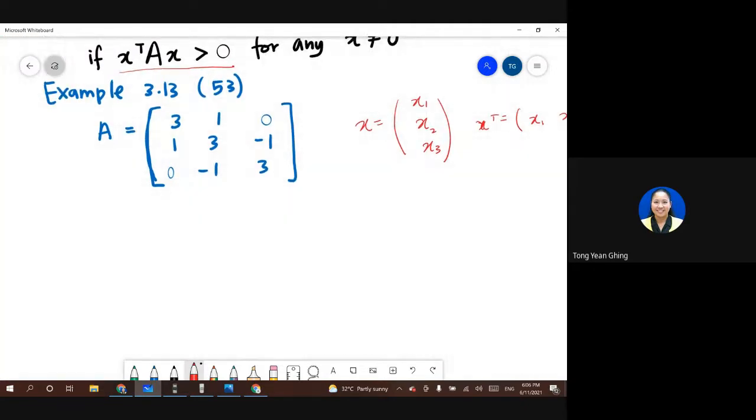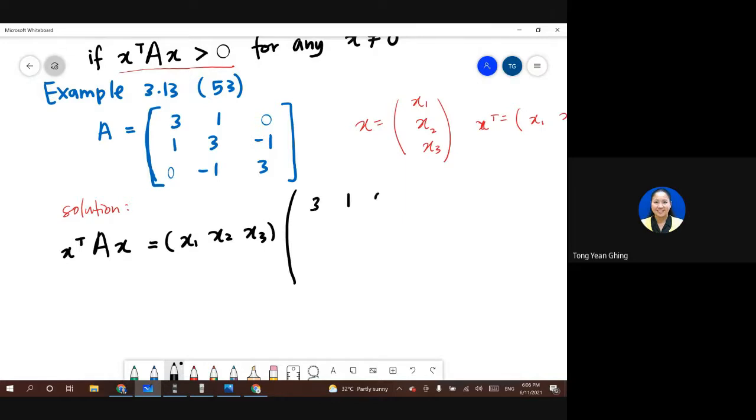Solution: X transpose times matrix A times X. So X transpose is X1, X2, X3. Matrix A is 3, 1, 0; 1, 3, negative 1; 0, negative 1, 3, times X1, X2, X3.